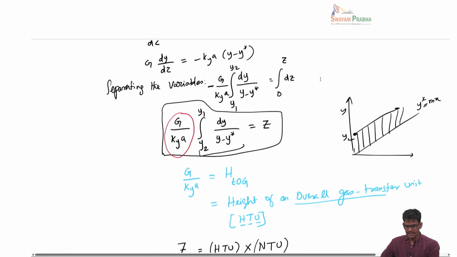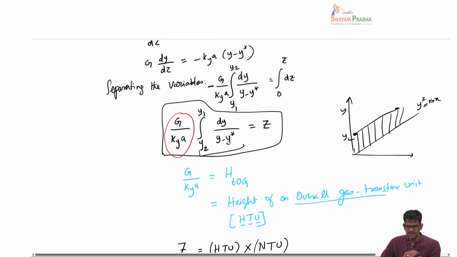Now, until this, if you look at what assumptions with regard to the dilute mixture we have used, G is constant because it is a dilute mixture, and then we have used the K type mass transfer coefficient. Okay, these are the two things. What we have not really used yet is Henry's law.